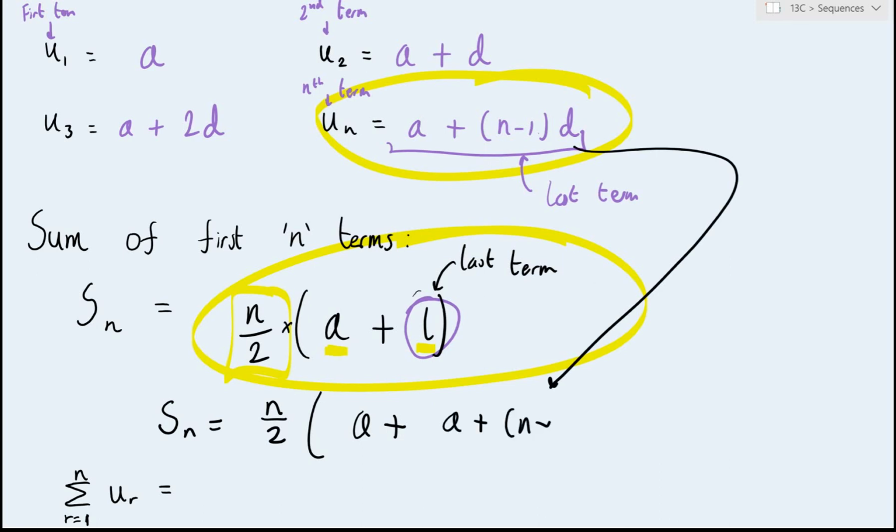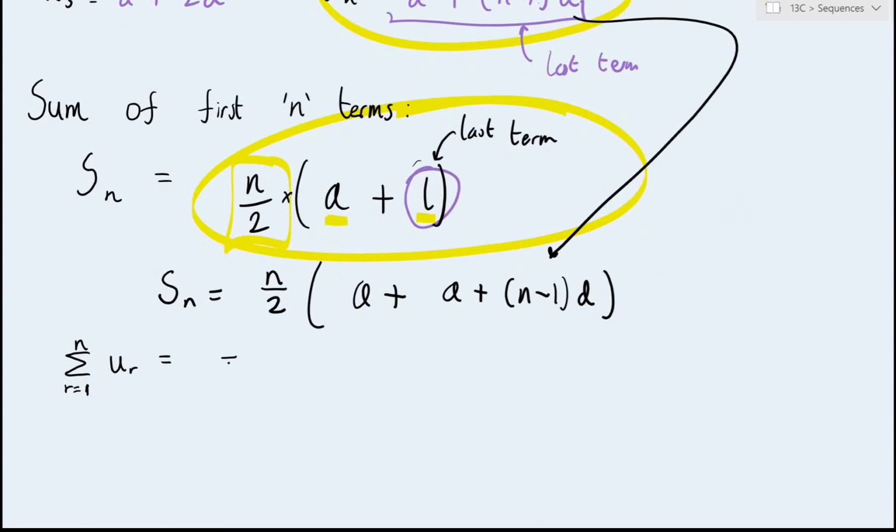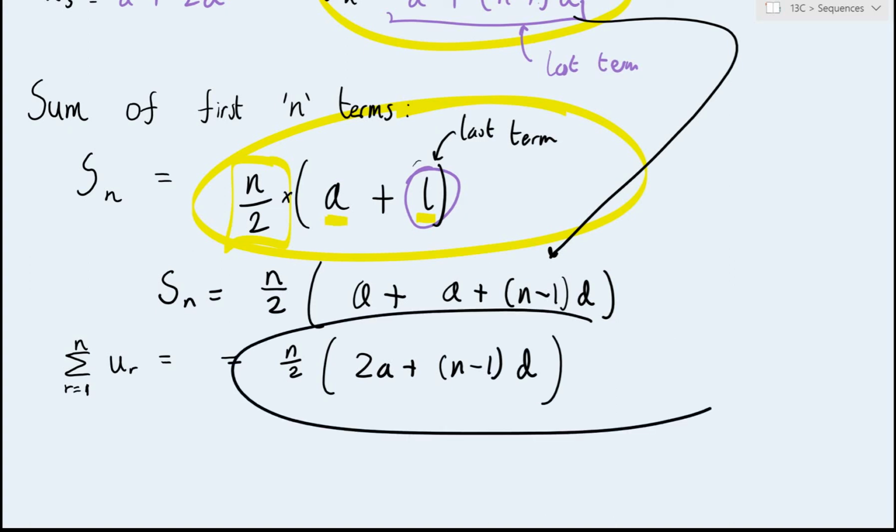I now have this expression. Simplifying it down, we get n over 2 times 2a plus n minus 1 d. Whenever you see a summing question, you always want to use this formula. And again, it is given to you in your formula booklet.